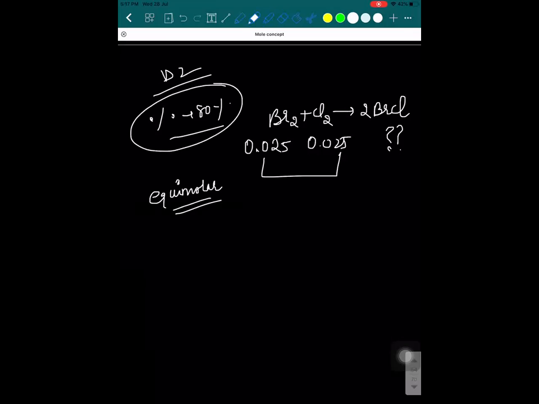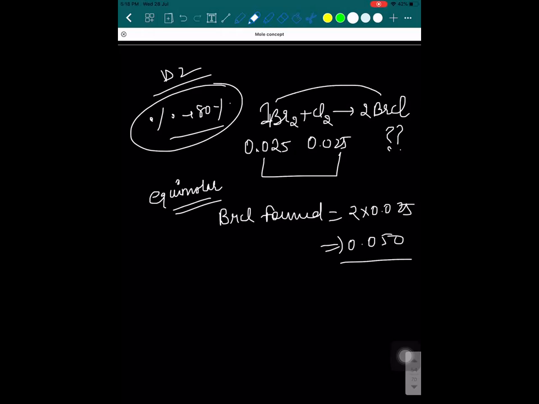So can I say that BrCl formed will be 2 into 0.025, which means 0.050, according to the stoichiometry? Because 1 mole is giving 2 moles, so 0.025 gives 2 into 0.025. Yes or no, Tarun? Do you agree with me till here?